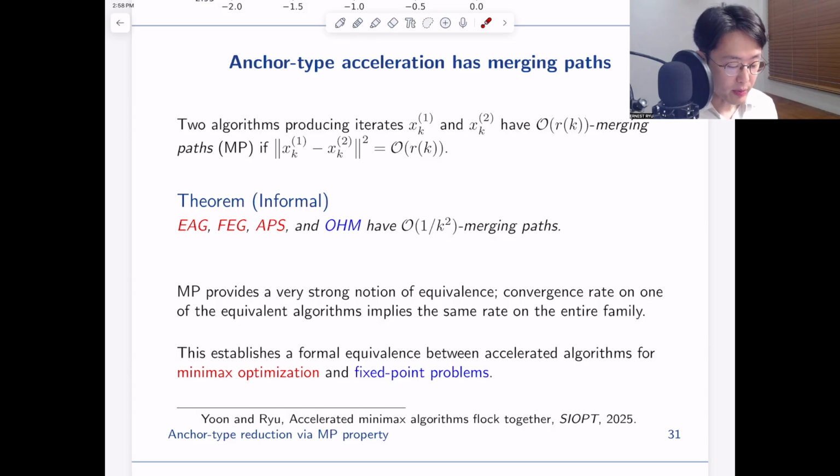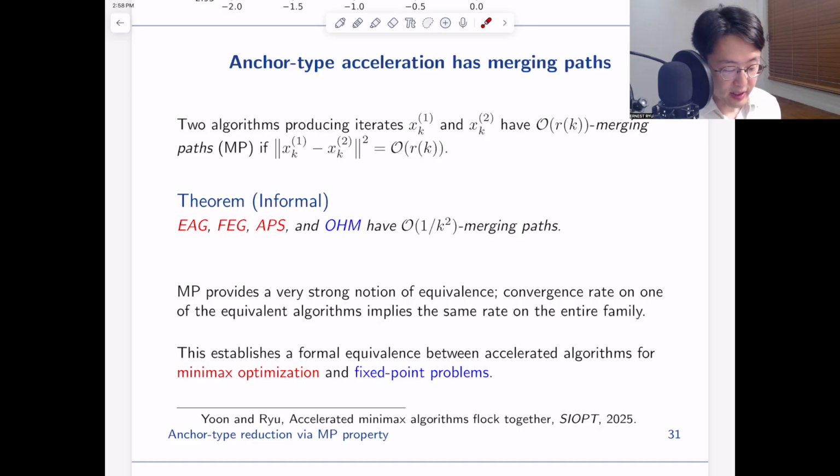Now, the merging path property provides a very strong notion of equivalence. Because the paths all merge very quickly, if you have a convergence rate on one of the equivalent algorithms within the family, that implies the same rate on the entire family. So that's very nice. Also, conceptually, this establishes a formal equivalence between accelerated algorithms for different problem classes.